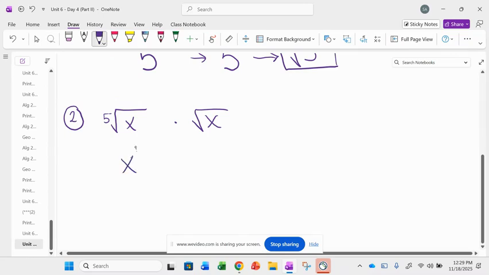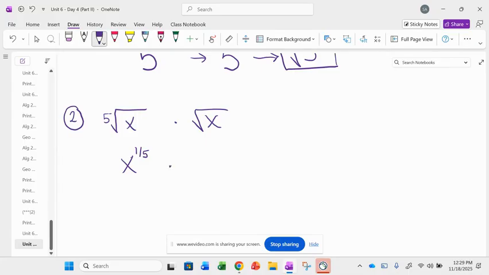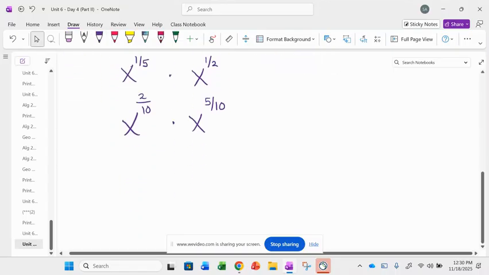So I have x raised to the 1/5 power times x raised to the half power. And now we're going to create that common denominator, where here the common denominator is 10. So I have x to the 2/10 power times x to the 5/10 power. And now can we multiply?